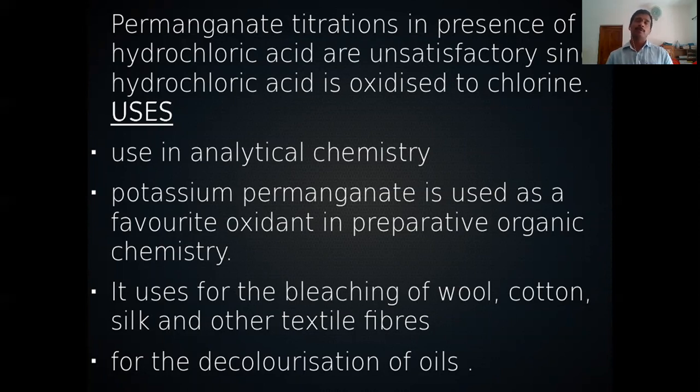Since it produces nascent oxygen, it can be used as a bleaching agent for the decolorization of oil. So oils can be decolorized by potassium permanganate. As a germicide, in well water, we will add potassium permanganate, and here it acts as a germicide. So it is enough for today.